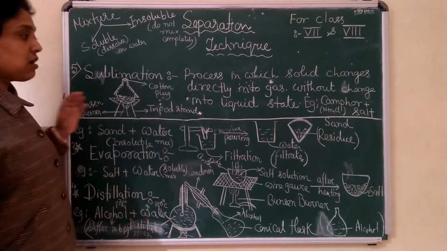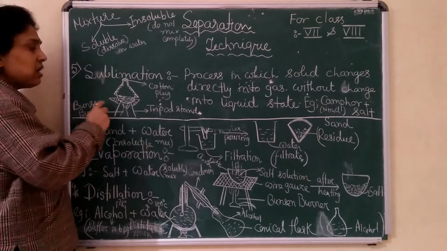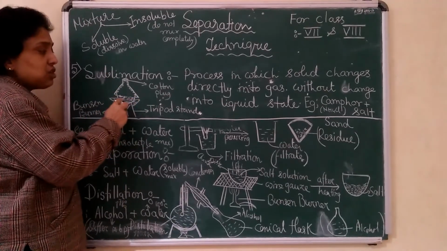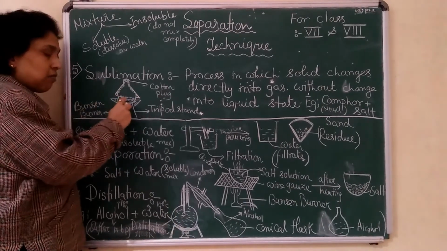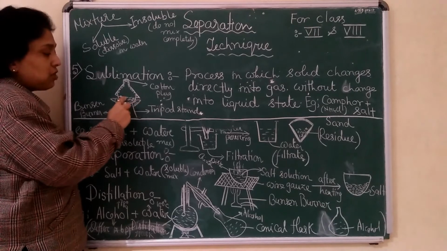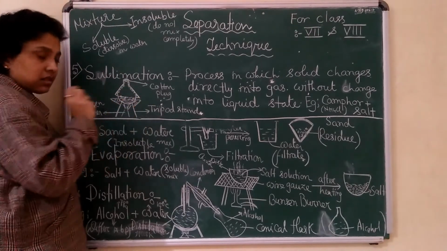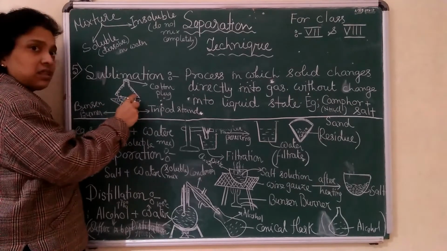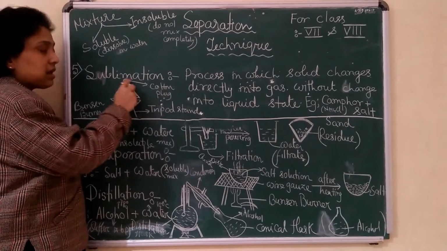So what is the process arrangement you will write? A china dish in which the mixture is taken, first step, where the mixture contains ammonium chloride, or you can write camphor and salt. Third point, this china dish is covered with a funnel, and the funnel is plugged.